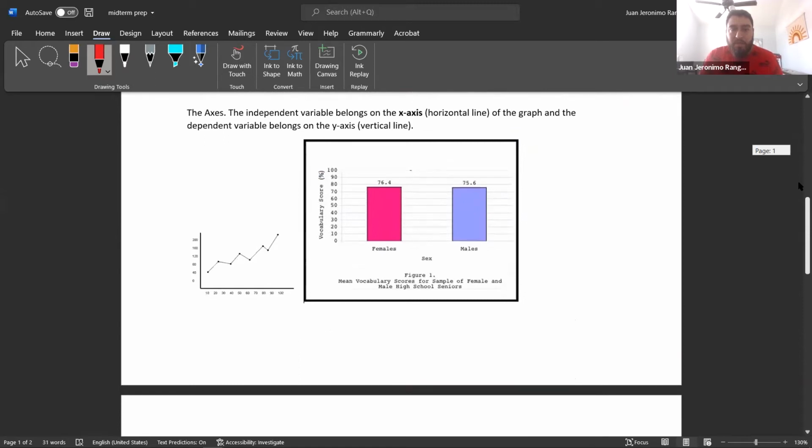Another thing that you guys have had issues with are the labeling graphs. Okay, so remember, you can have a caption and then a title.